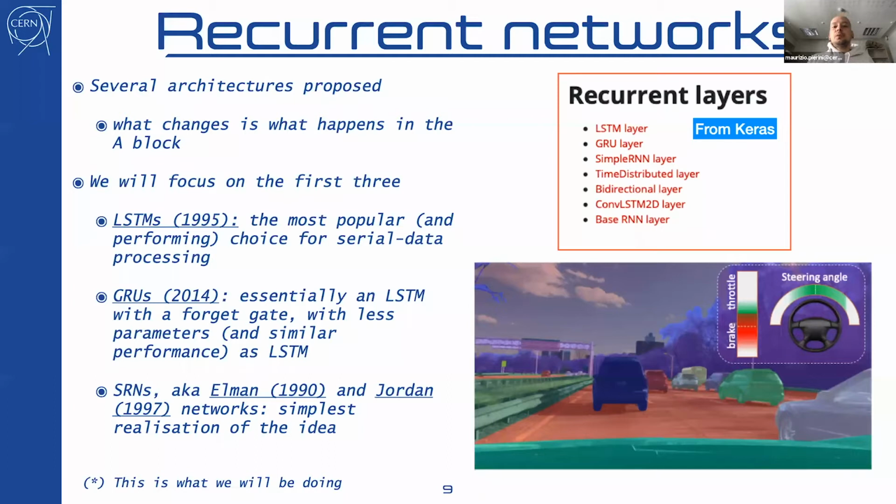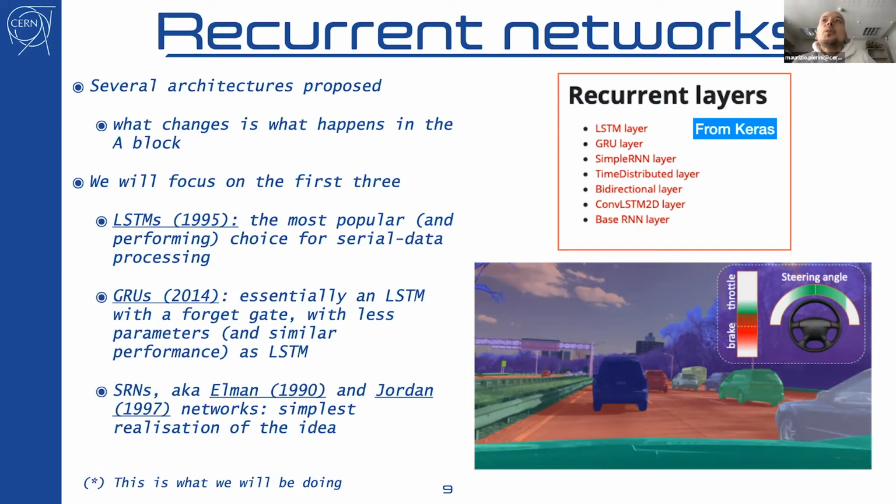The output of one iteration depends on the input, but also on the output of the previous iteration. The different flavors of recurrent networks differ in the architecture of the purple blob that you were seeing before.